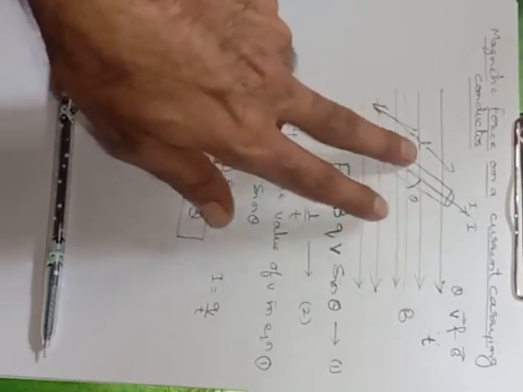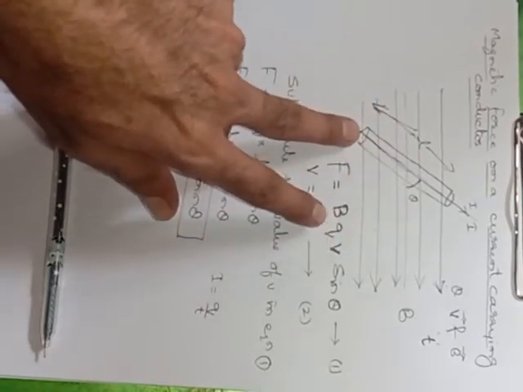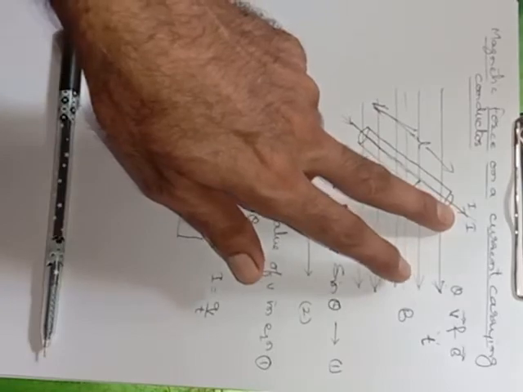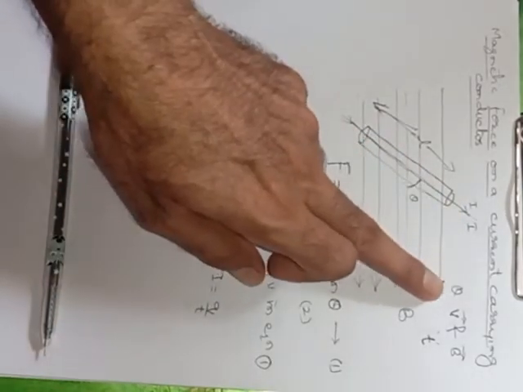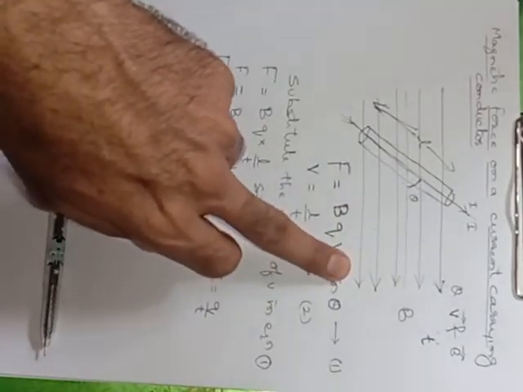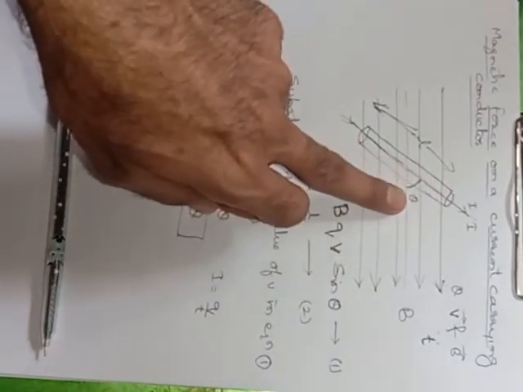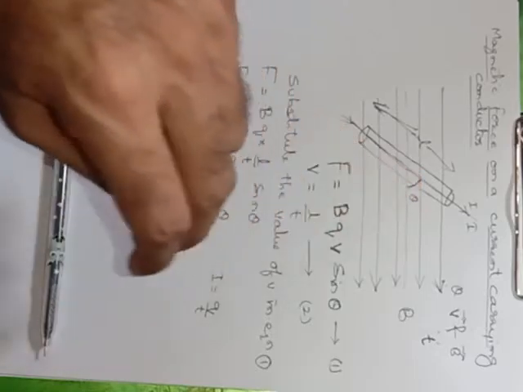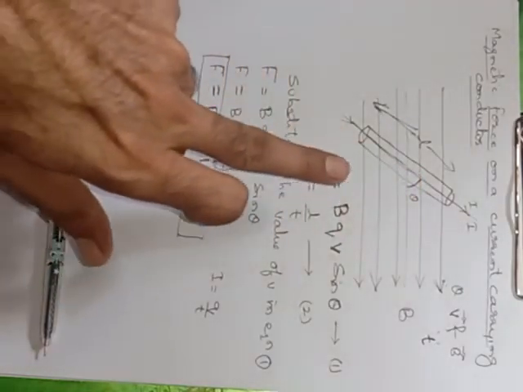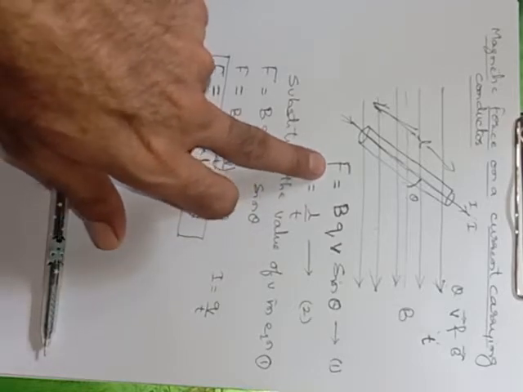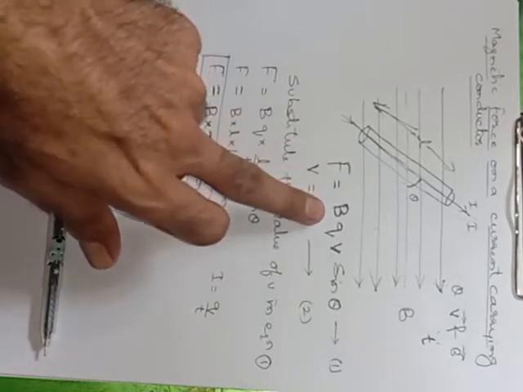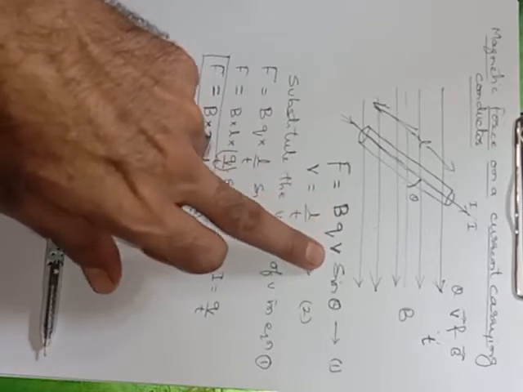When the wire of length L, area of cross section A, is carrying current I, the wire is in a magnetic field of B, and theta is the angle made by the wire, then force can be written as B into Q into V into sin theta.